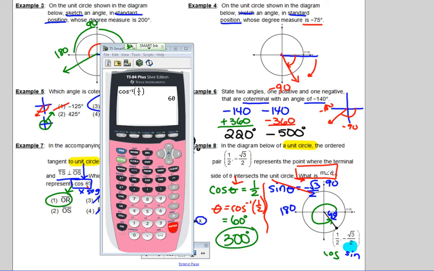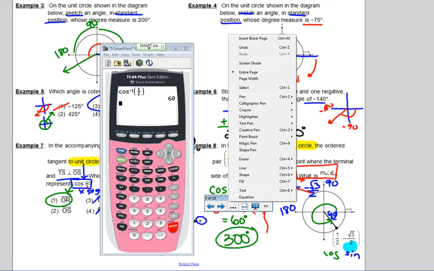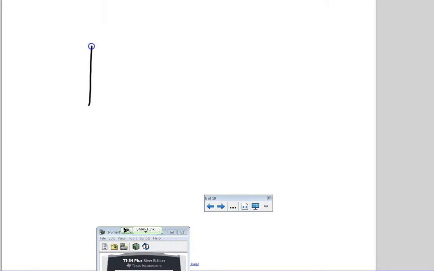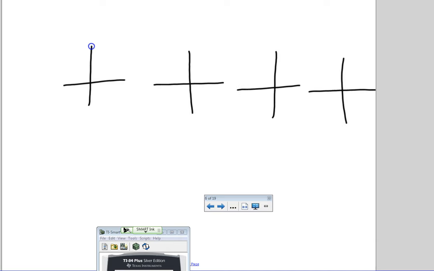Now, when you're doing these swinging angles, let me just throw in an extra page for a second. These are the four things that can happen. And again, you don't have to do this in your notes, I just want to do a little extra.